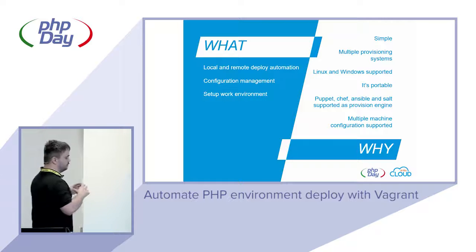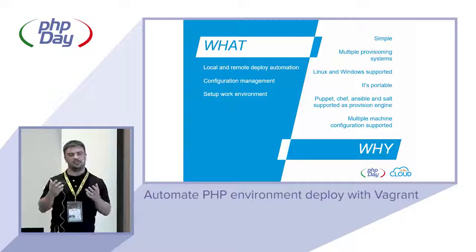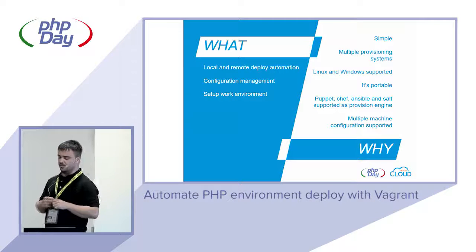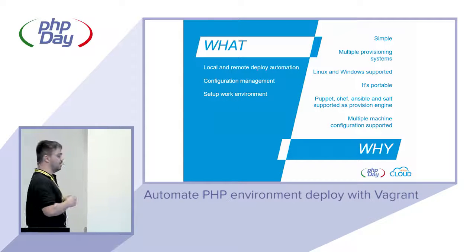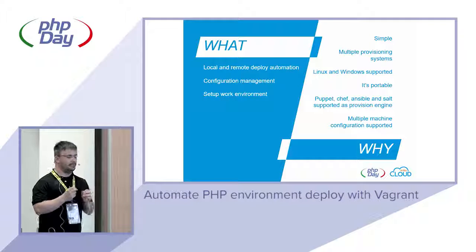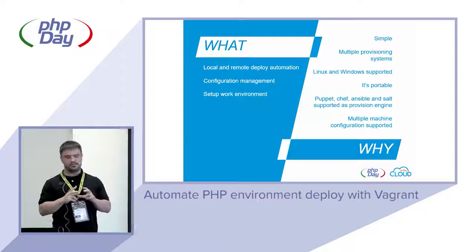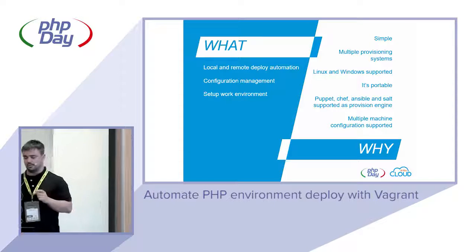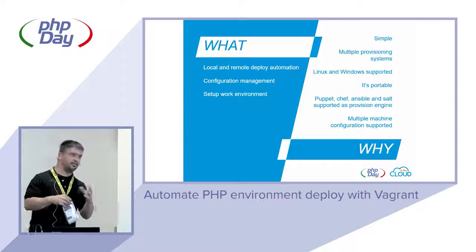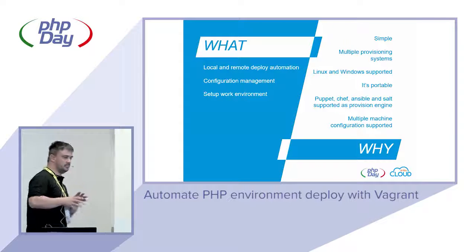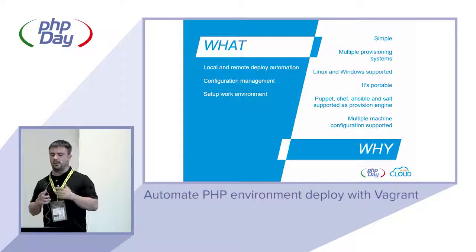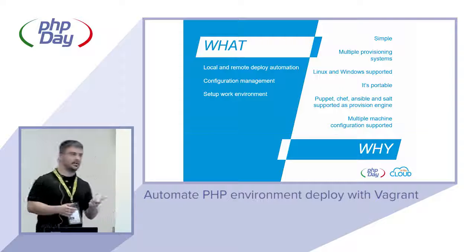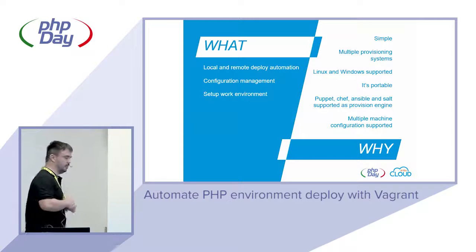In this situation, Vagrant can help us. With a simple configuration file and a really simple approach, you can create a Vagrant configuration file that creates all the virtual machines that you need, and you can push a provisioner to Vagrant, for example Puppet, Ansible, or a simple shell script.